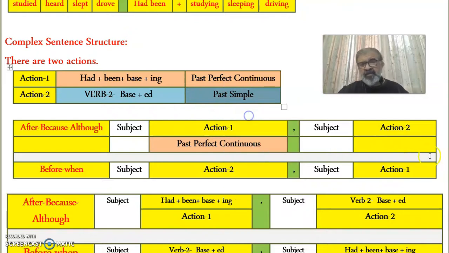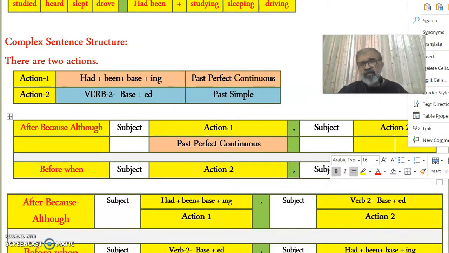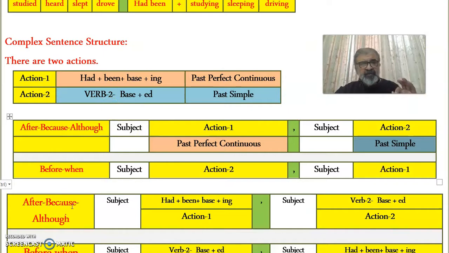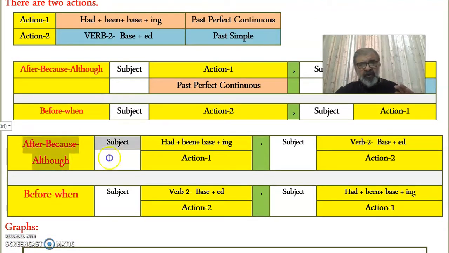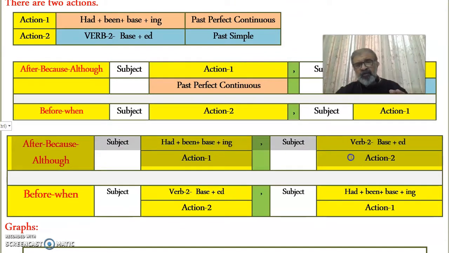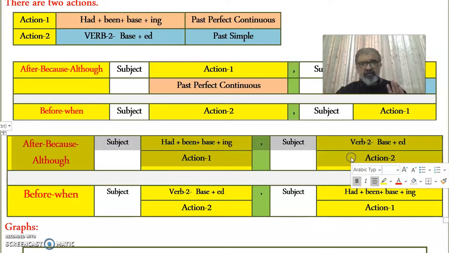So after, because, although are followed by action 1, past perfect continuous, then followed by action 2, past simple.